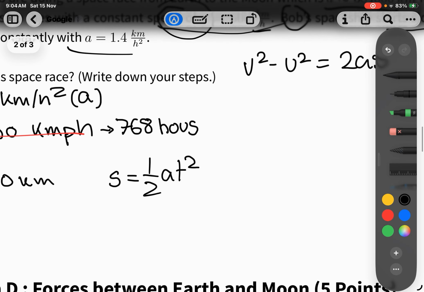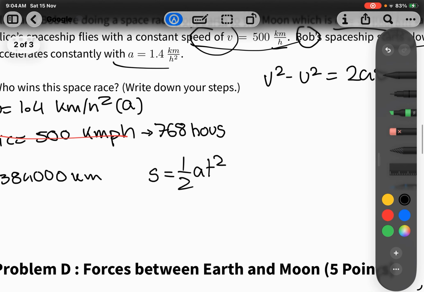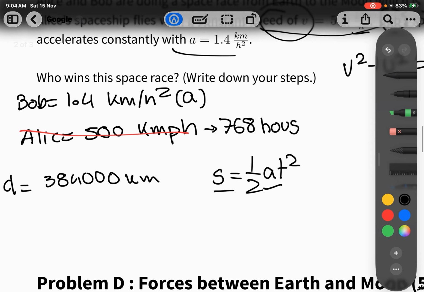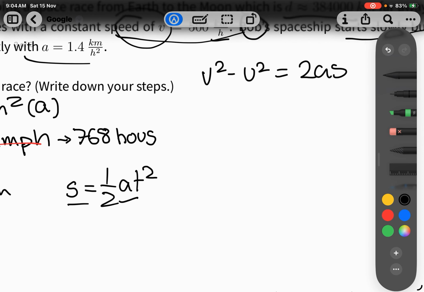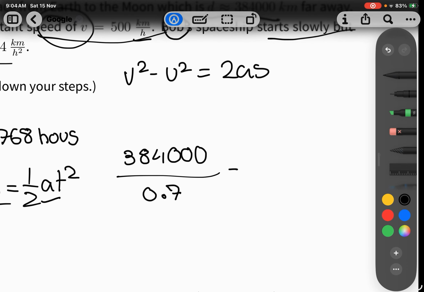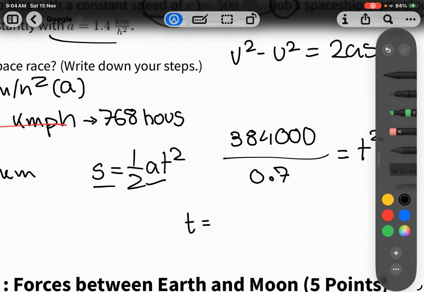Since we don't have time, we have the acceleration and distance, so it will be, since it's 1.4, so 0.7 t squared equals 384,000. So t squared is about 548, and then the square root of that, so around 741 hours. It's 740.656, so it's 741 hours.